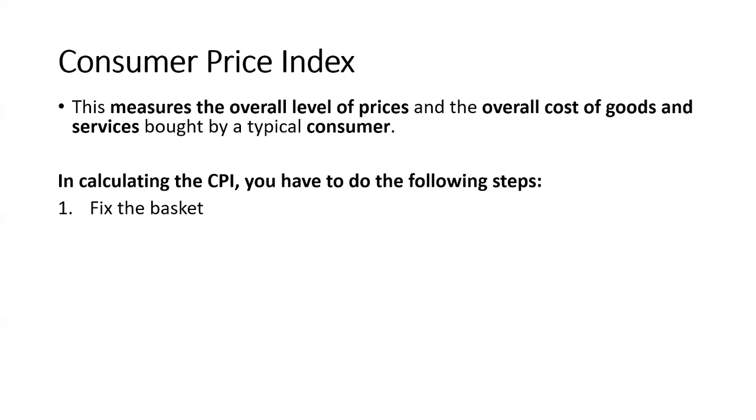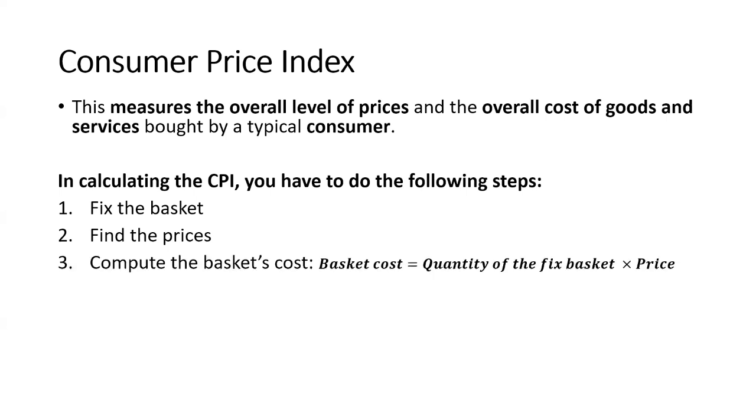After you fix the quantity of the basket, next you have to find the prices of each commodity or good typically bought by the consumer. After that, you simply compute the basket's cost by multiplying the quantity of the fixed basket and the price.